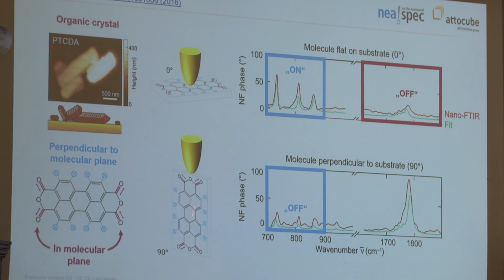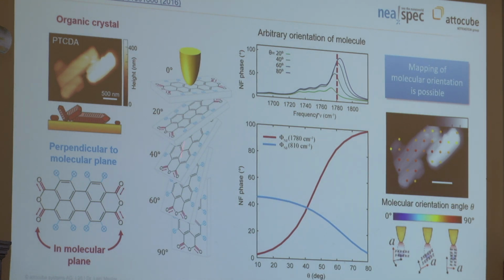By rotating the molecule or looking at a different crystal, it's now the opposite way. So the blue ones are now parallel to the sample. We don't see them strongly, whereas the other peak turned on. So this is now an on-off experiment. We haven't gained much yet, but what this paper is about is to really have arbitrary orientation of molecules.